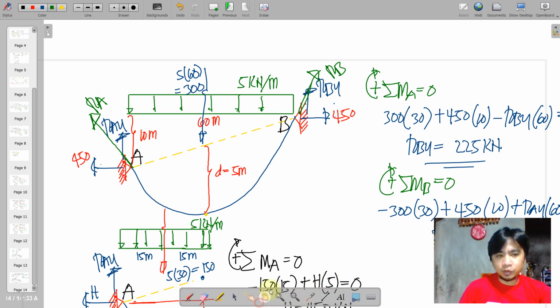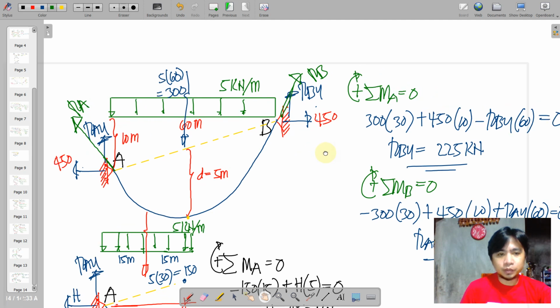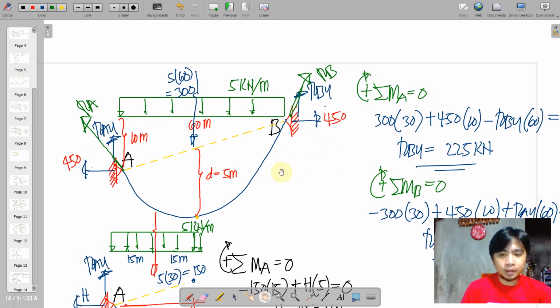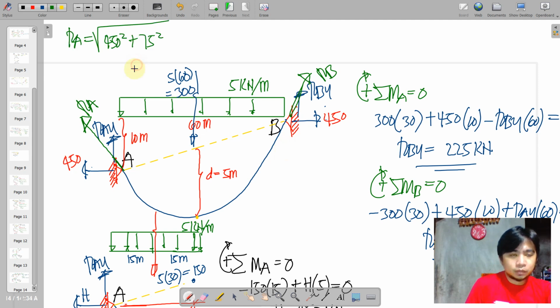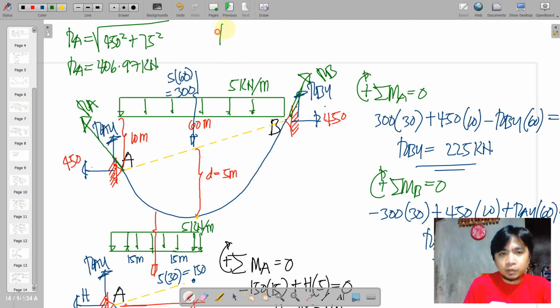We'll just have to apply the Pythagorean theorem. We'll just get the components squared, sum them, and then take the square root. We have RE equal to 406.97 kilonewtons.